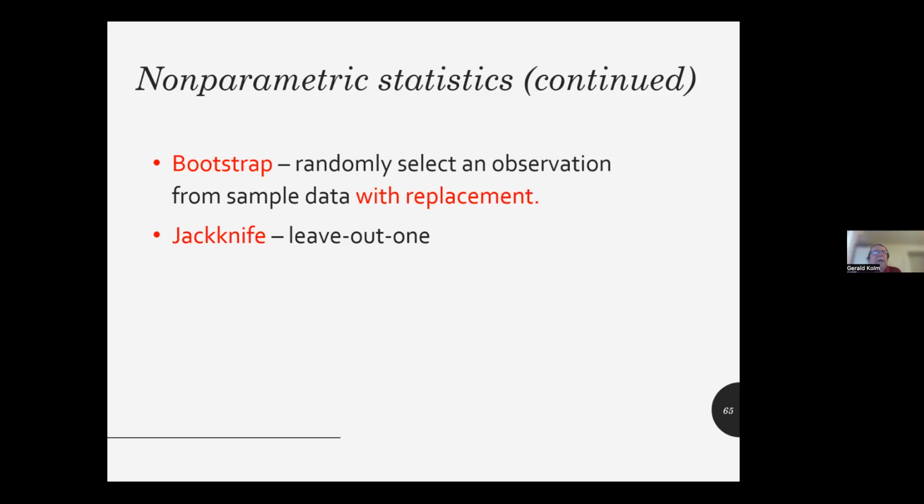So what's truly non-parametric is what's called the Bootstrap and the Jackknife. The Bootstrap is basically randomly selecting an observation from our sample data, and then we put that back into the pool of data, and then again we randomly select an observation and put it back in the pool so it can be selected again.